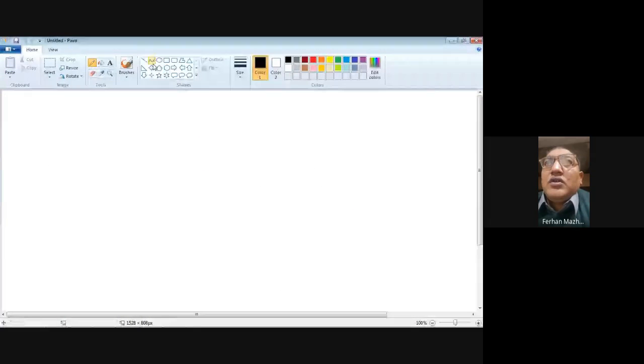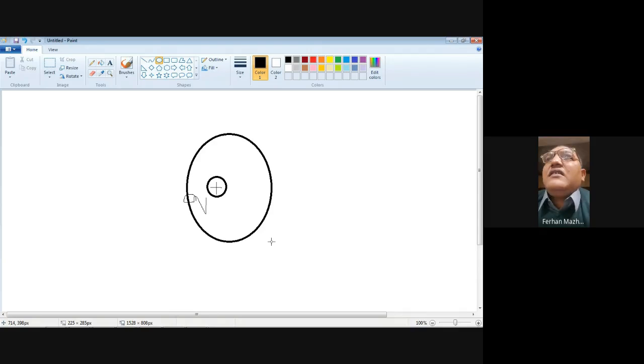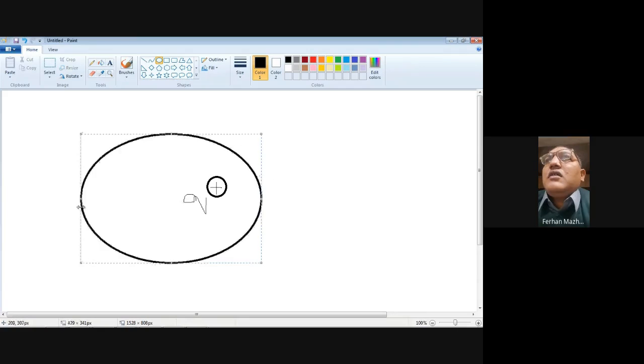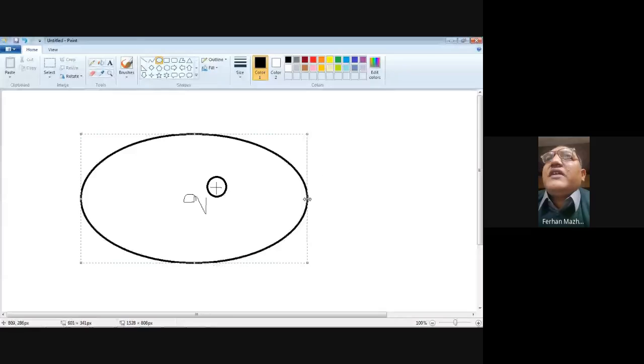Okay. So for example, you have a charge Q which is positive. Around this we have an area, this space.